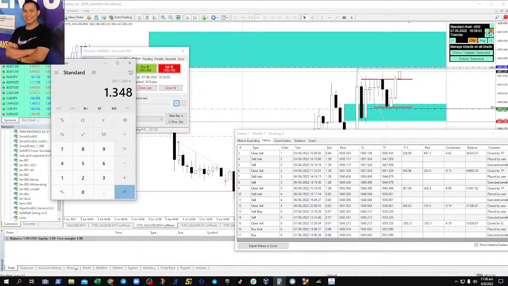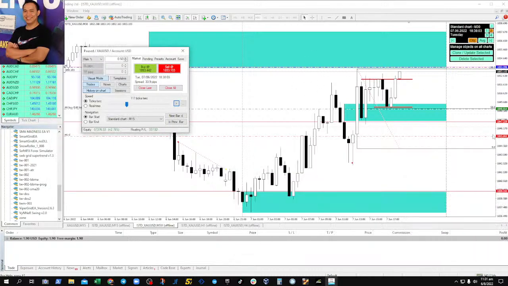It's 1.34. Took trade at the 50% of the bearish engulfing candle. Okay, so that's our close all.